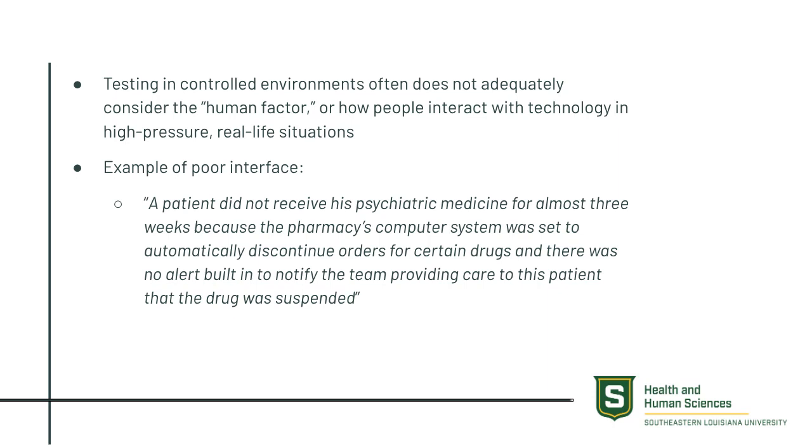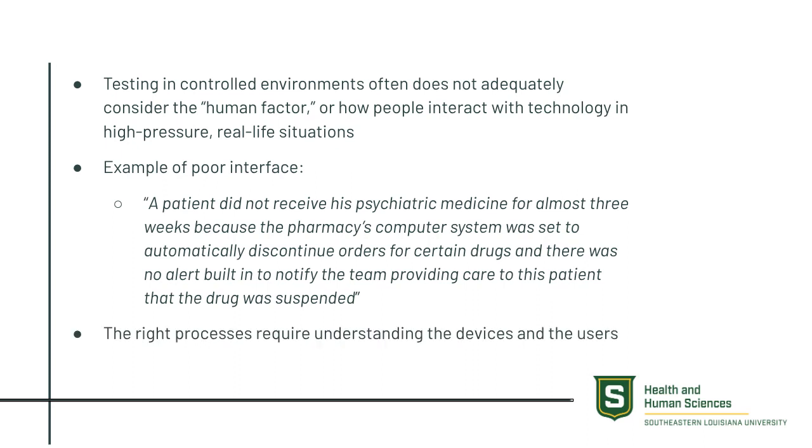That is an example of a poor design that didn't account for the consequences of what it was designed to do, because the system was designed to discontinue the order but not to alert the rest of the care team. So that's an example of a poor interface.